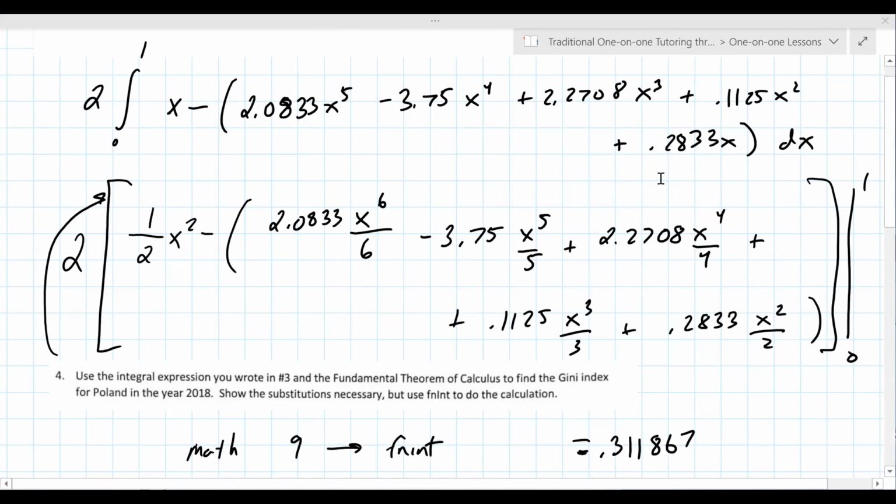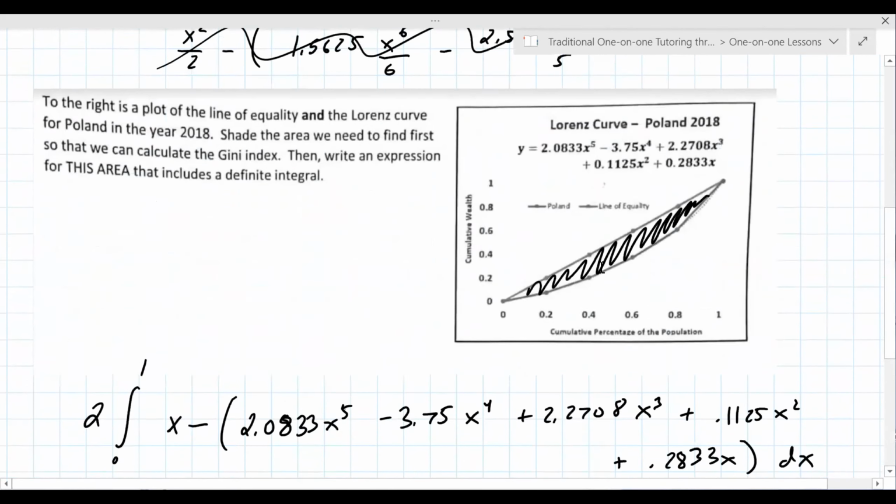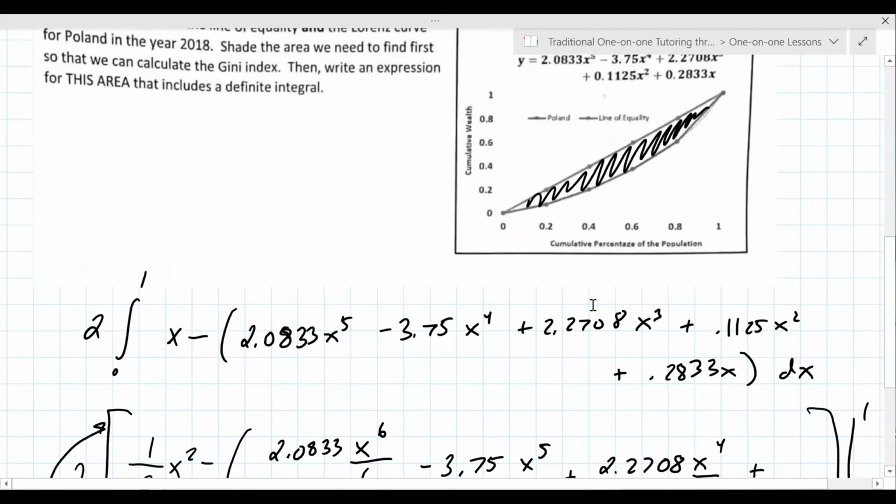It looks like Ukraine had a lower index. So that would be your answer to that question. Ukraine, because it has a lower index. Yes, and the closer it is to 0, the more equal it is.